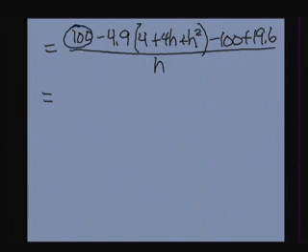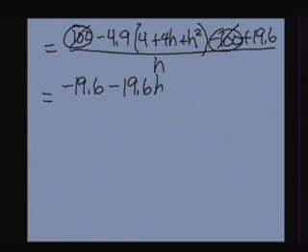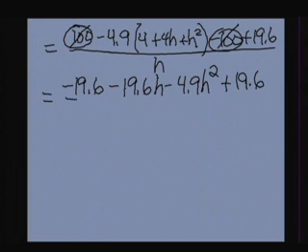And that's going to equal, we've got to distribute out the minus 4.9, and I can at least say 100 minus 100 will give us 0. But then what we have is negative 19.6 minus 19.6h minus 4.9h squared plus 19.6 all over h.